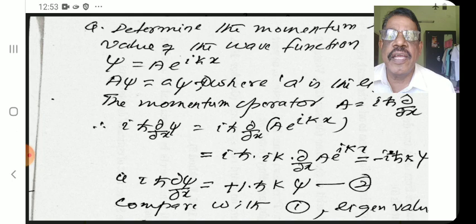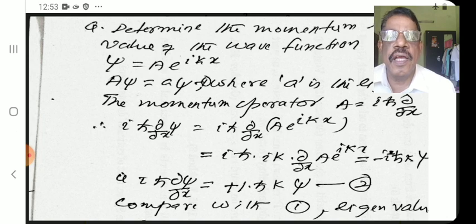Dou by dou x of a e raised to ikx, that is the derivative. You verify the derivative. When we differentiate an exponential function, the constant in the power will come in front, and the function is repeated. That repeated function we write as psi.